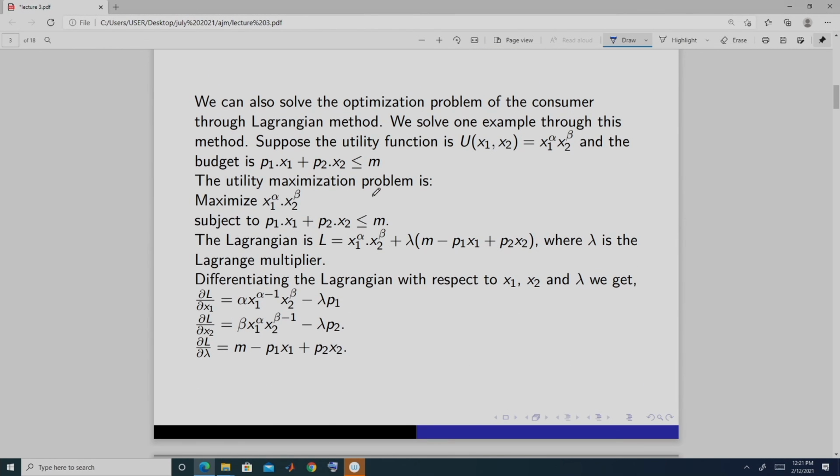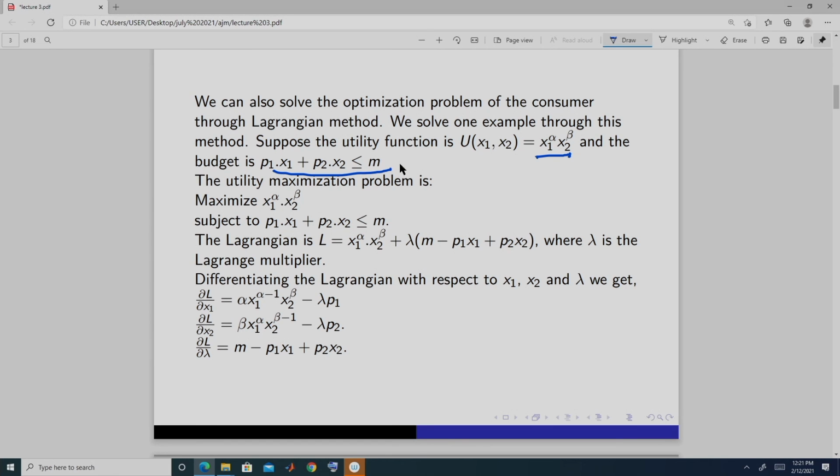So what do we do? Suppose for convenience we have assumed a utility function like this. This is a Cobb-Douglas utility function where alpha takes a value between 0 and 1 and beta takes a value between 0 and 1, and the budget constraint is like this.